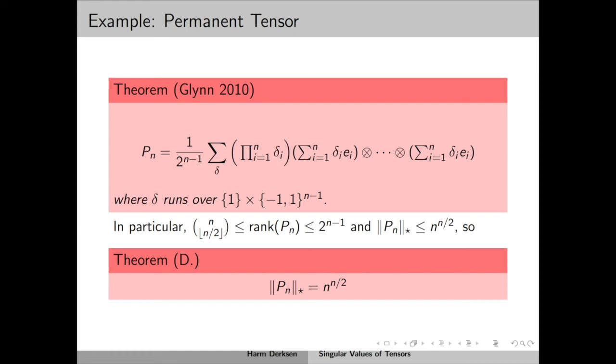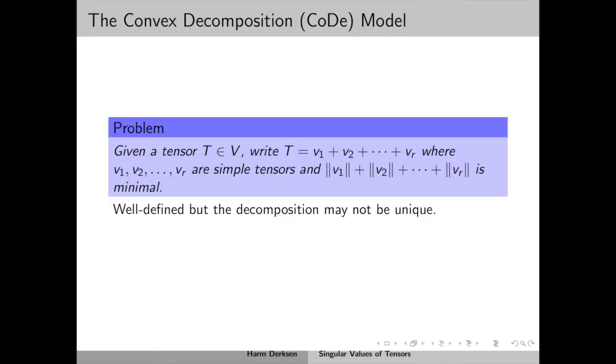For the determinant it's n factorial. So the nuclear norm is smaller for the permanent, but the spectral norm is bigger.